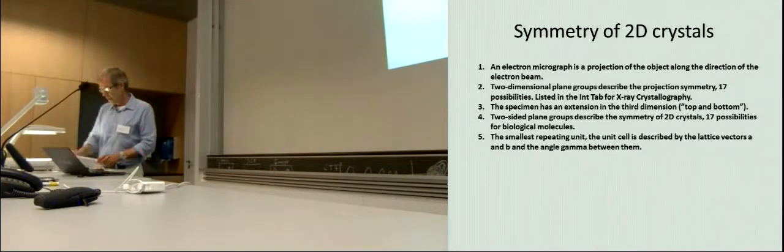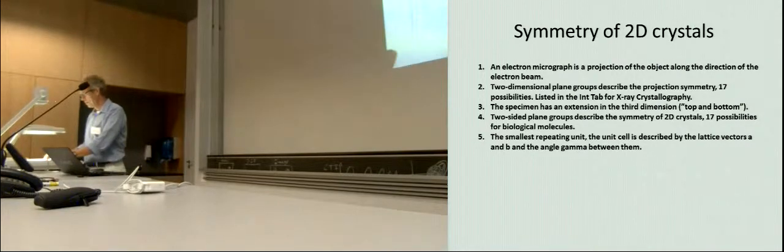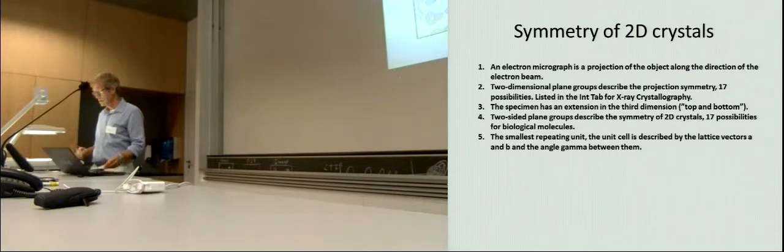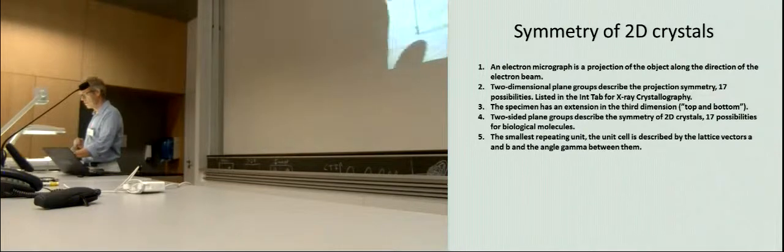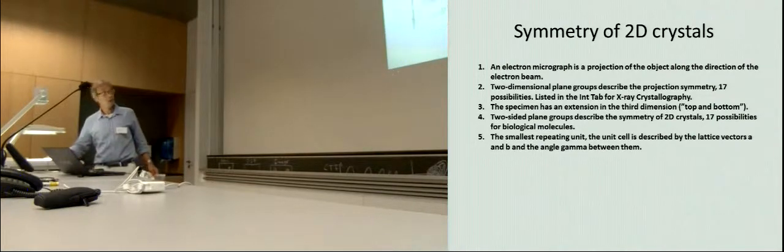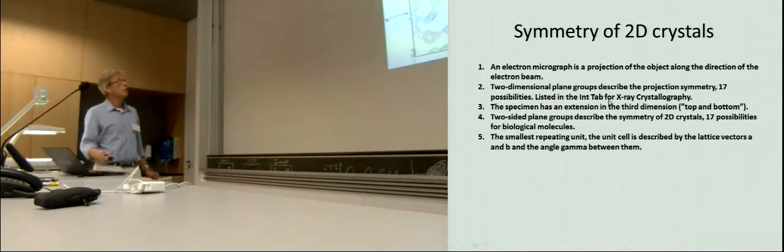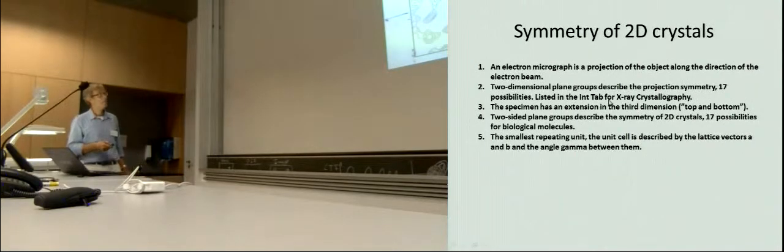So let's go then to a real structure example. So this is a projection map, and there are 4 molecules here in the unit cell.